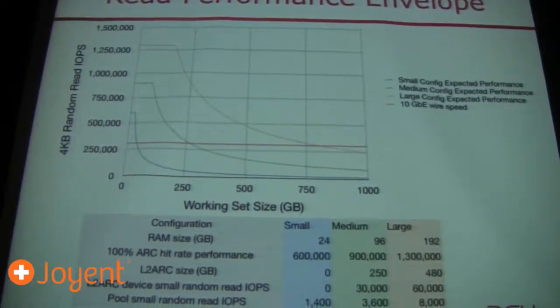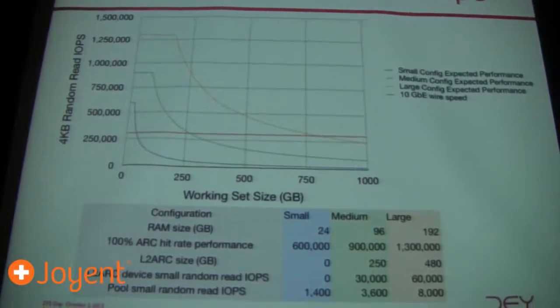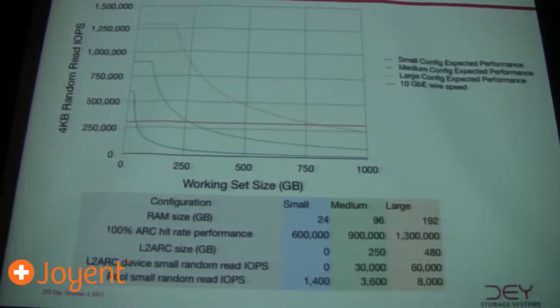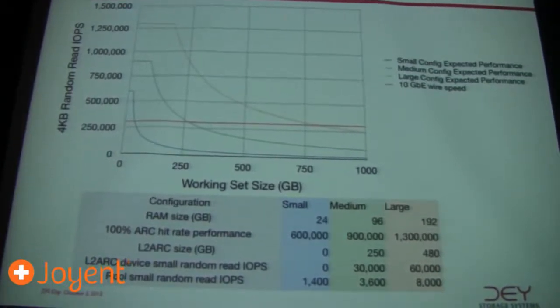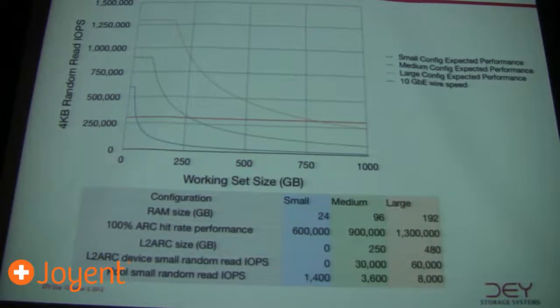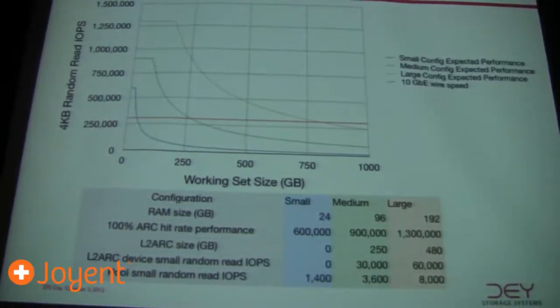Now, one of the interesting things I found doing a lot of consulting in the field is people assume networks are infinitely fast, and I think there's actually a famous paper on this. The horizontal red line there is like the max you'll get for 4K IOPS across a 10 gig wire.